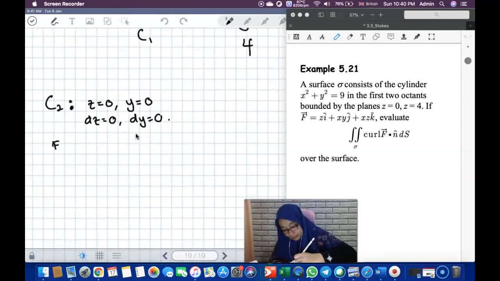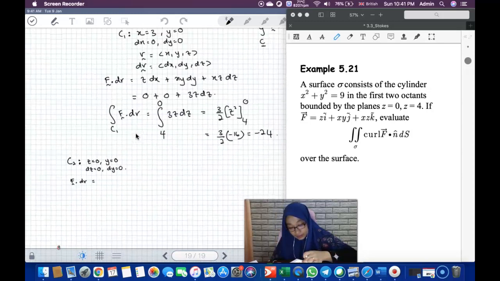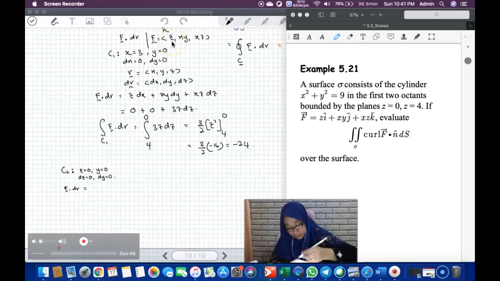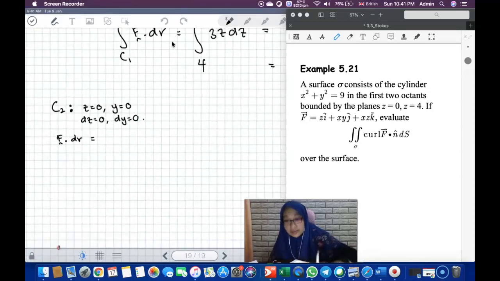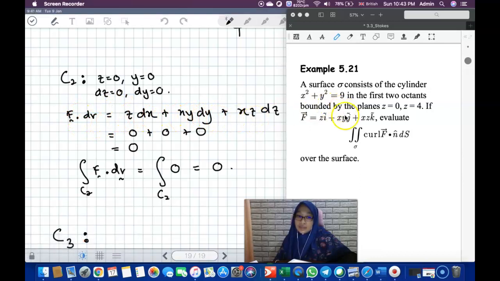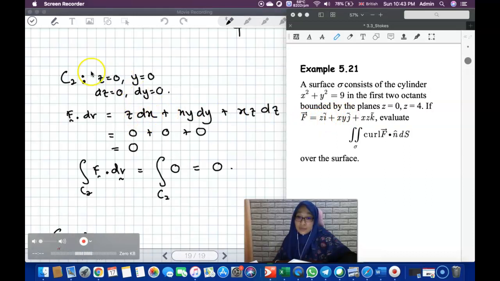So then f dot dr, using the f from just now, up here: z dx, xy dy, xz dz, which is the multiplication of all the components of f and dr. So from here, z equals 0, so dz is 0. y is 0, so dy is 0.